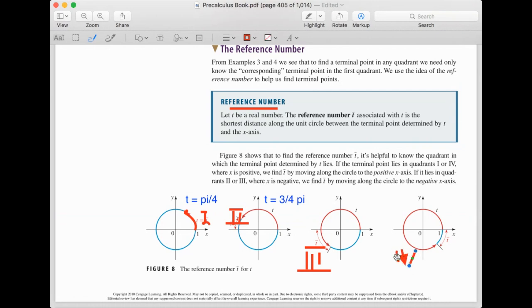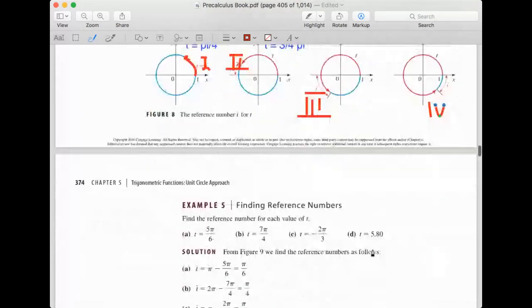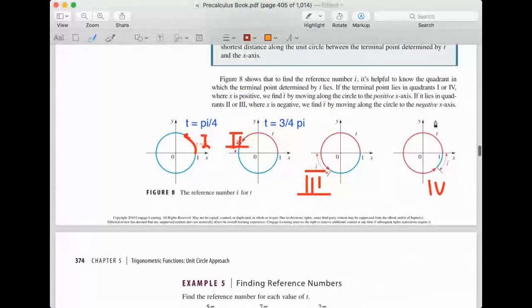So we can talk about the points on the unit circle in the first quadrant, the second quadrant, the third quadrant, and the fourth quadrant. Right, so a point can end up in each quadrant. And then we use the smallest positive number to speak for all the coterminal points.